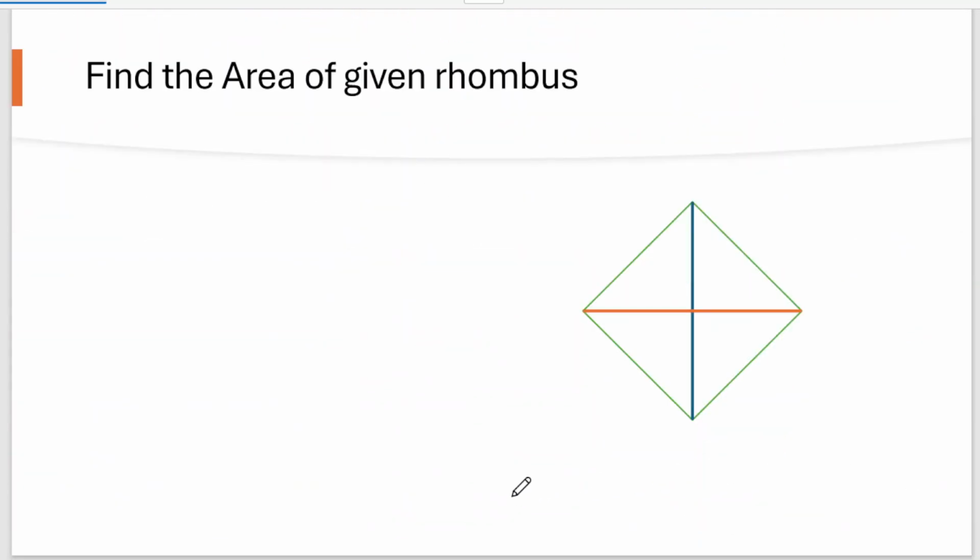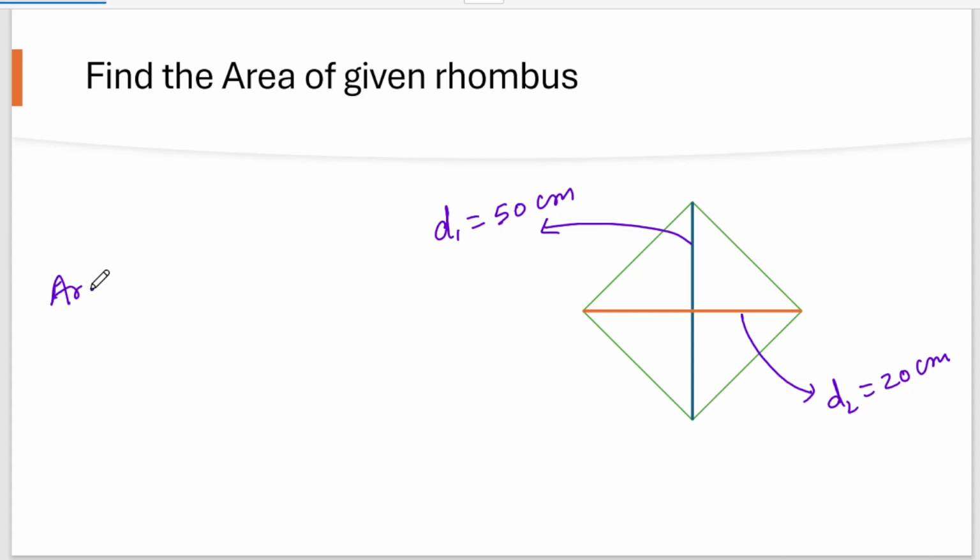So if somebody has told you that the length of one diagonal is given as 50 centimeter and the length of the other diagonal, that is D2, is given as 20 centimeter, and they have asked you to find the area of rhombus. How will you find area of rhombus?